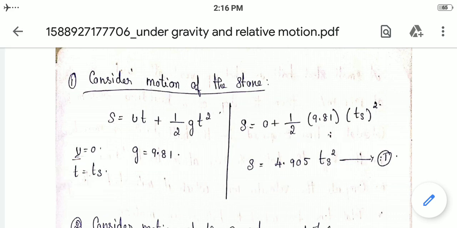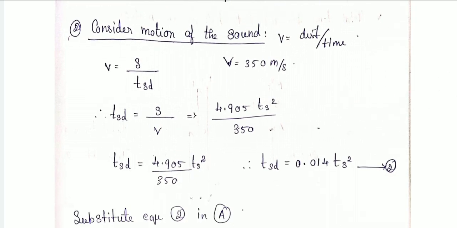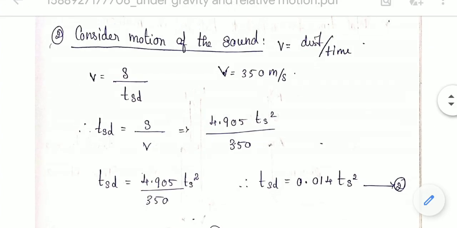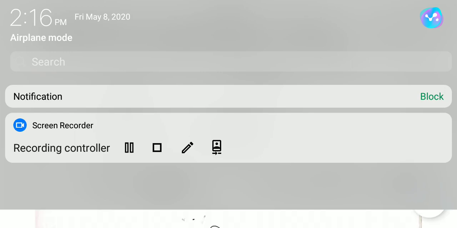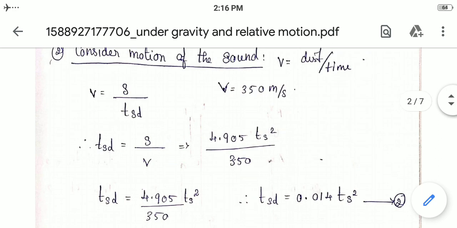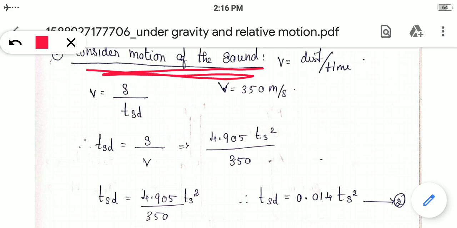Then you go for the second term. Consider the motion of the sound. Usually what is velocity? Velocity is a parameter that is distance divided by time, or else it can be defined as dx by dt. So consider this as your second equation, that is for the sound. So v is equal to d divided by t. The distance is denoted by s, and the time for the sound is taken as Tst.